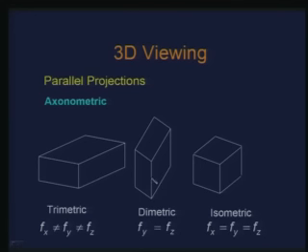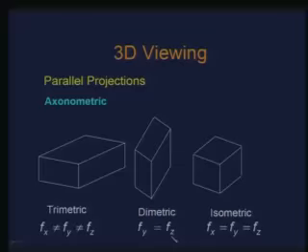I had taken a unit cube and transformed it using these projections. Here I have f_y equal to f_z, and here I have all of them different, which I call trimetric.